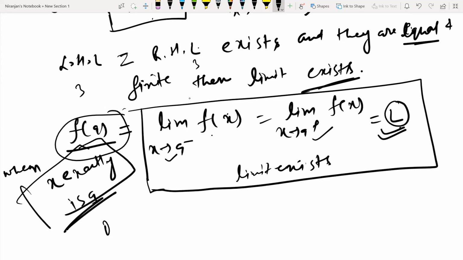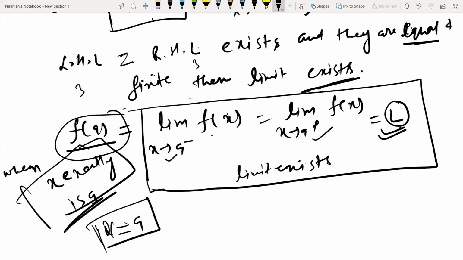Your x is taking only one value, that value is a. So your x is precise. It is not arbitrarily close, and it is not moving right hand side or left hand side. It is exactly taking the value a, and the value that you get after putting it in the function is f of a. Limit is not defined that way.